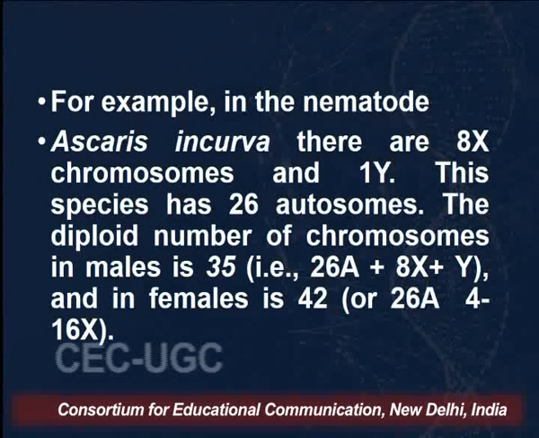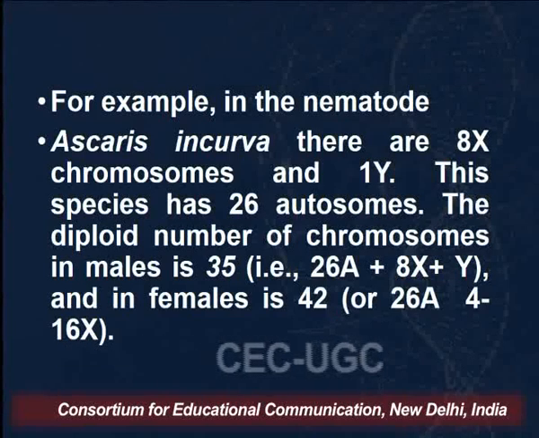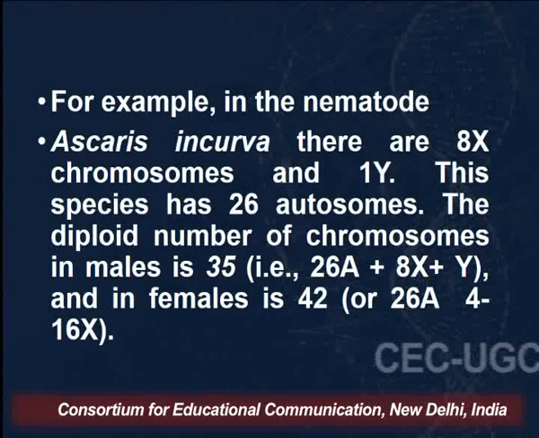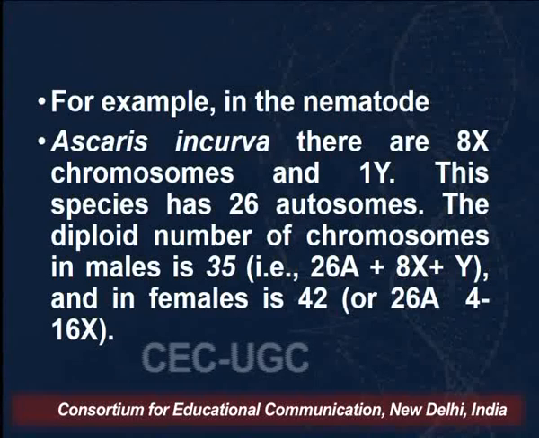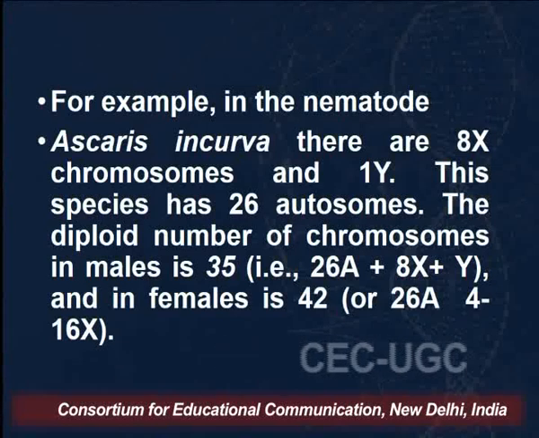But in females it is 26 autosomes, all right, but the X chromosomes can vary from 4 to 16. So that means the chromosome number can go up to 42. So there is a lot of difference as far as the chromosome number between the males and the females is concerned.